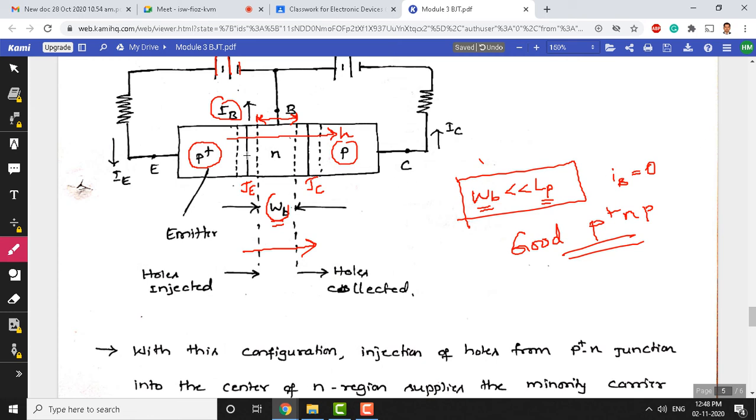Less recombination should happen here, and the majority of the injected holes should not get recombined. Practically, nearly 5 to 10% of the holes injected get recombined and cause the base current, but the remaining 90% will reach the collector. Still, to get the maximum current to the collector region, you must meet this requirement.